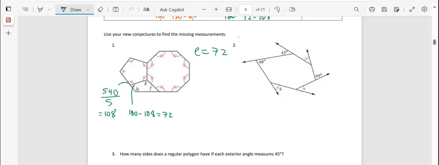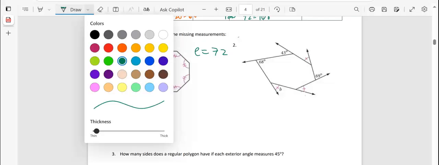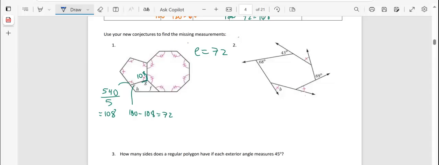For finding G, this angle here from the pentagon is 108. Then I notice I have another equiangular polygon, and this polygon here has 8 sides and 8 angles, so it's an octagon. So let's just remember what our polygon sum formula is. It's 180 times (n minus 2), and then we're going to divide that by 8, or n.